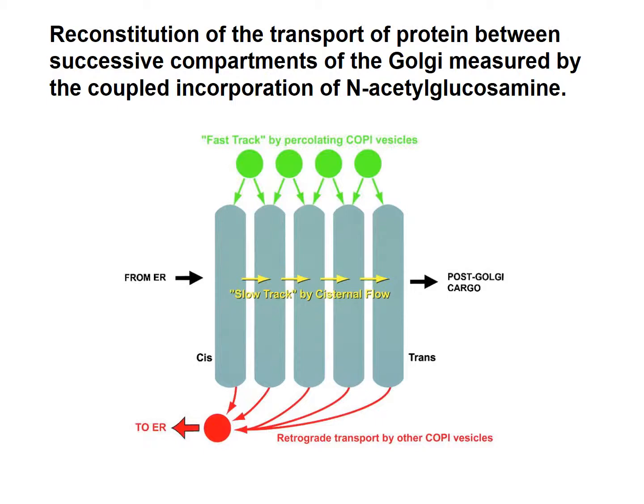So we have cis, medial, and trans. 3 or 4, and they're showing 5 here. And so they found that these stacks can mature from the cis to the trans, and there are also vesicles that can carry materials between these stacks.